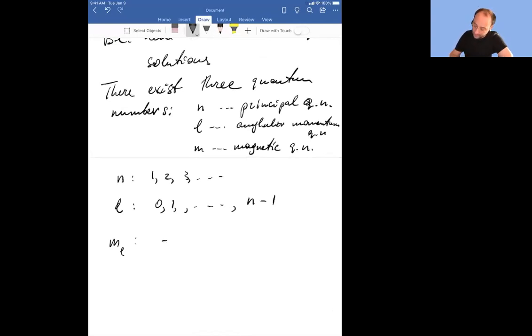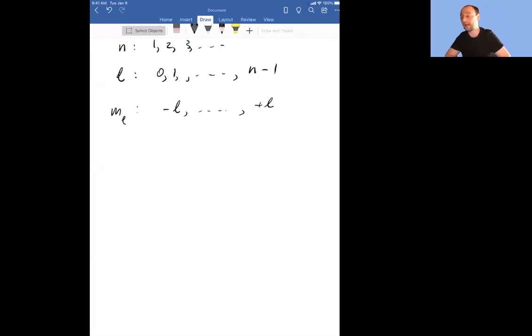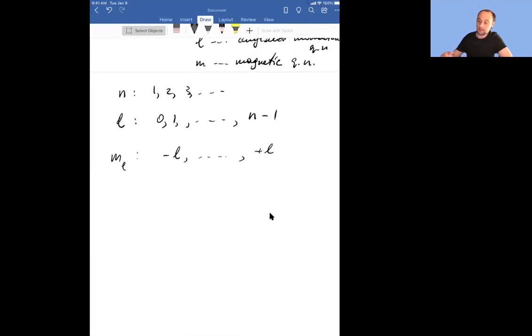It can go from -L all the way to +L. It turns out that for the hydrogen atom only, energies depend only on the principal quantum number.